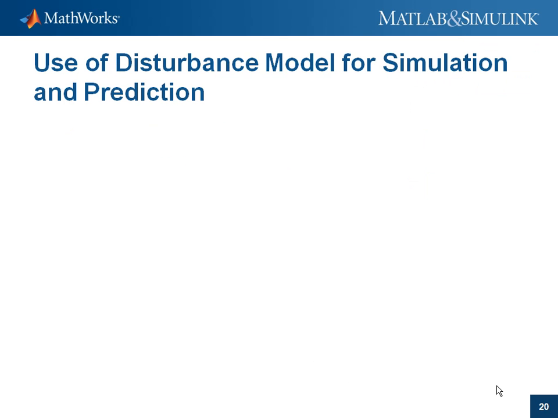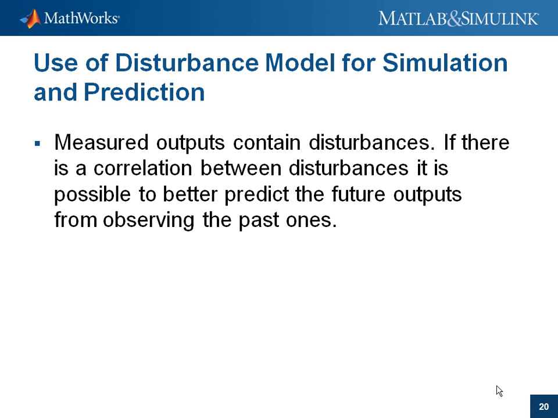Measured outputs contain disturbances, so observations of past outputs give information about disturbances. If they are correlated over time, we can actually guess future values of disturbances. So with a disturbance model, we should be able to predict the future outputs better.